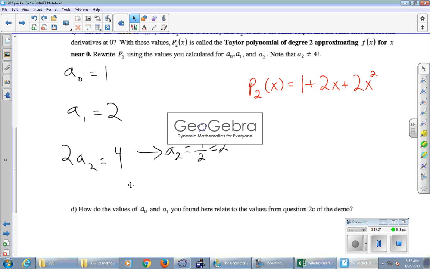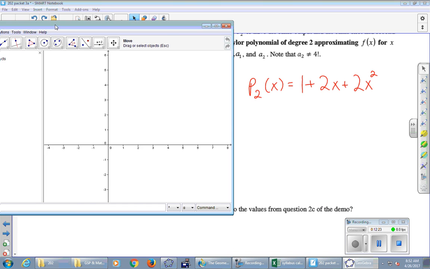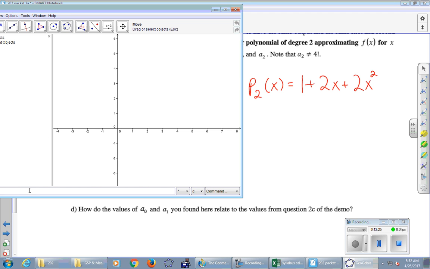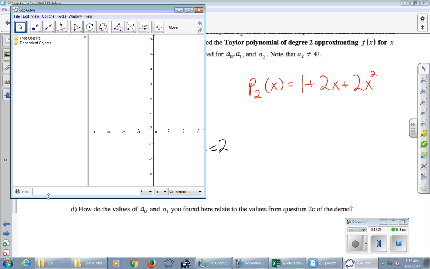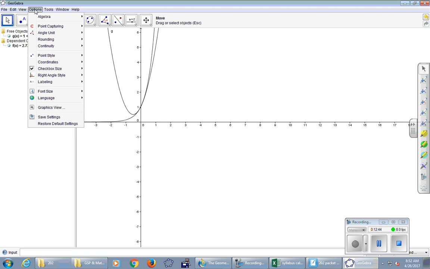Okay, and we'll show you a quick graph just so that we see what we have accomplished here. I'm going to graph the original function, which was e to the 2x. There it is. And then we're going to graph this new function, which we just calculated, 1 plus 2x plus 2x squared. Okay, what are we doing here?